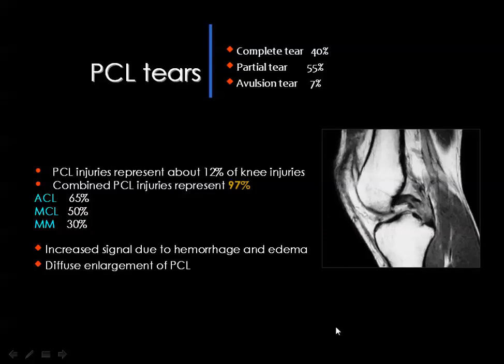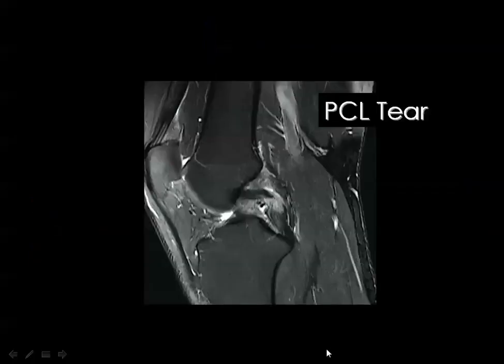The two major signs of rupture are: number one, swelling of the ligament; number two, abnormal signal. Here you see the ligament is swollen and there is heterogeneous high signal along most of the course of the ligament, diagnostic of complete rupture of the posterior cruciate ligament. And this is also an example.